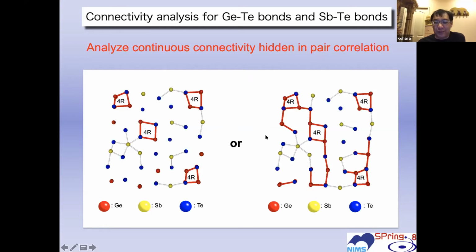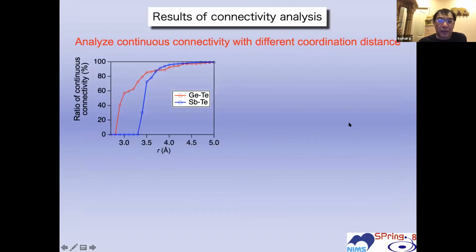For instance, we cannot make sure whether a 4-fold ring is isolated or whether 4-fold rings form a network. So to make sure of this point, we performed connectivity analysis for germanium tellurium and antimony tellurium correlations. So this is a ratio of continuous connectivity.